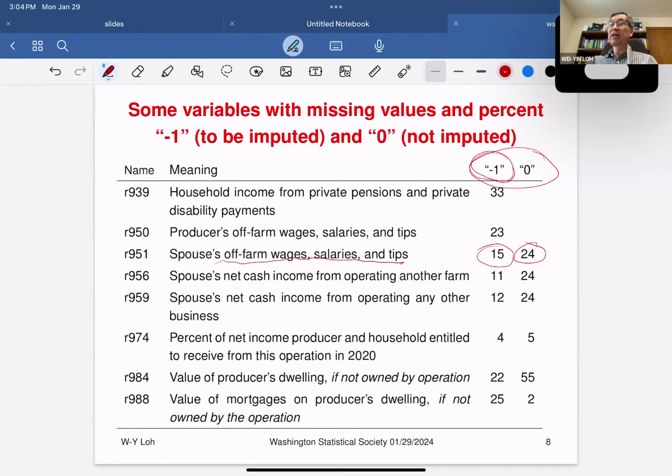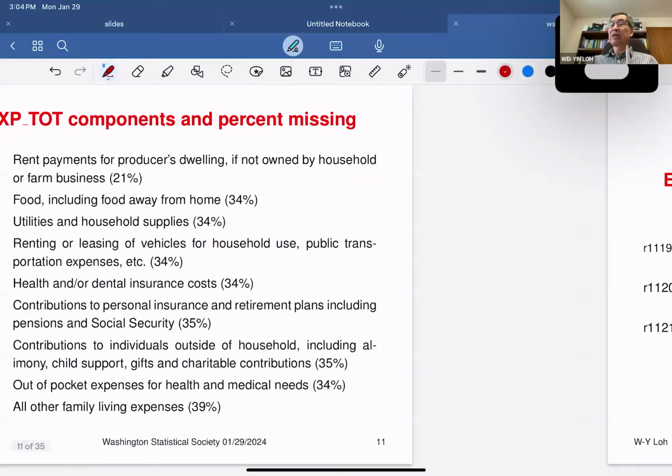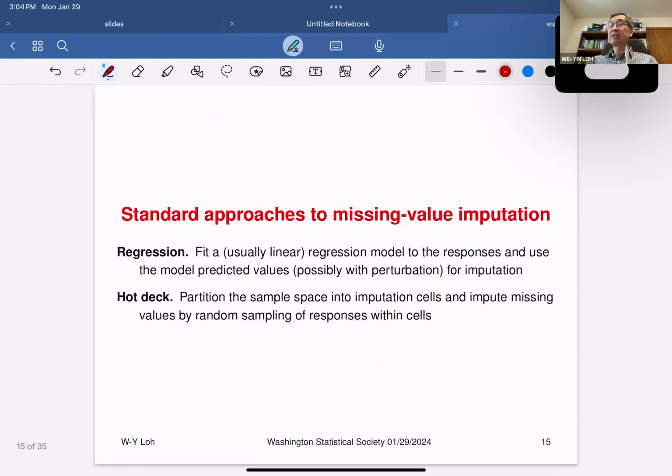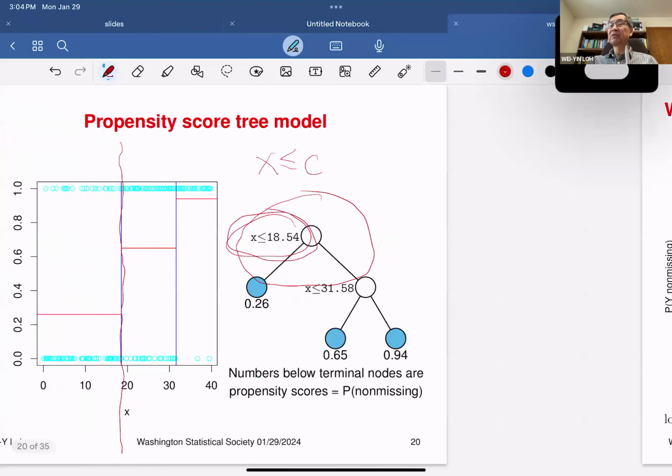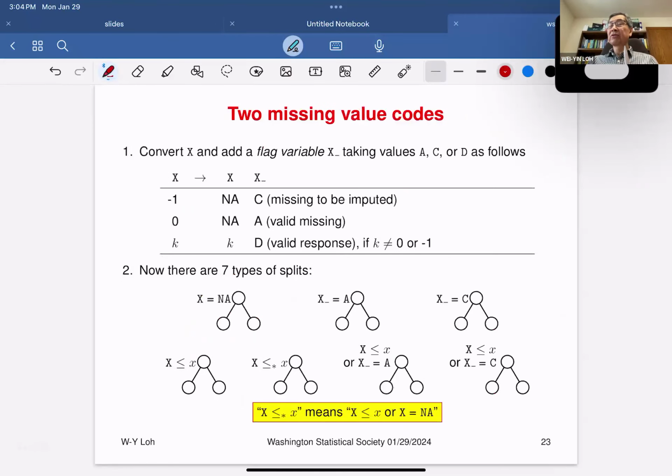So now we have 2 missing values. When I was visiting the Bureau of Labor Statistics, they have more than 2. I think they have 4 types of missing values. So this thing was actually partially developed while I was visiting the Bureau of Labor Statistics about 8 years or so ago to handle this situation. What the Bureau of Labor Statistics does is that they don't use zeros and ones. If a variable is missing, then it's just coded with some missing value code, which I call NA.